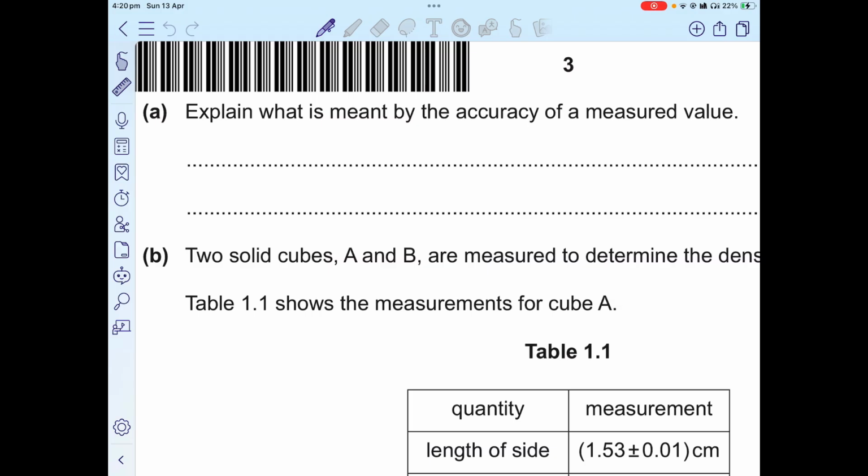Now when we talk about values, there's always two things. There's accuracy and there's precision. So accuracy basically tells you how close the measured value is to the true value.